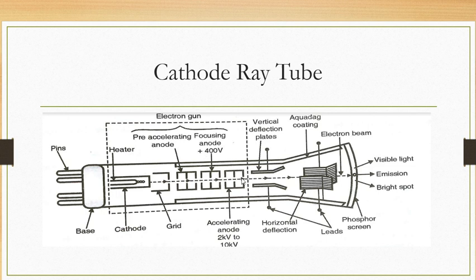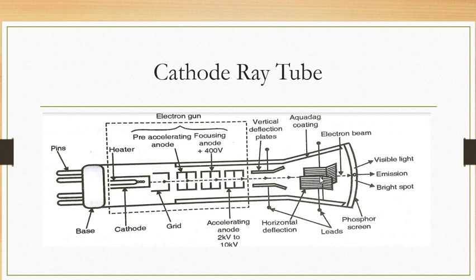Inside this, the dotted line that you are watching here, shown with the help of some arrows, is nothing but your electron beam, a bunch of electrons. Over here are the vertical deflection plates, which are used to deflect your electron beam vertically.